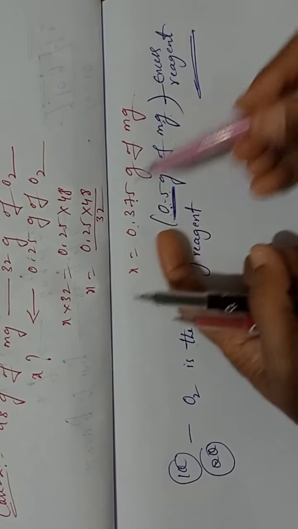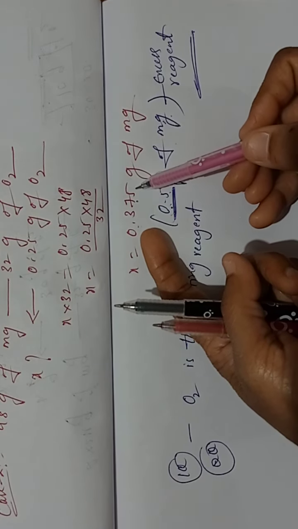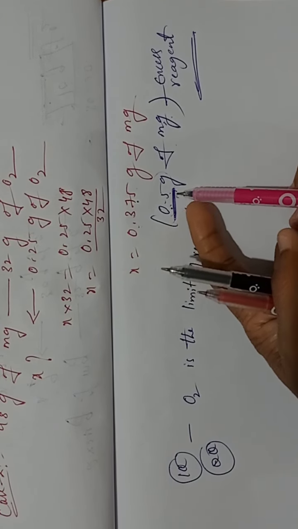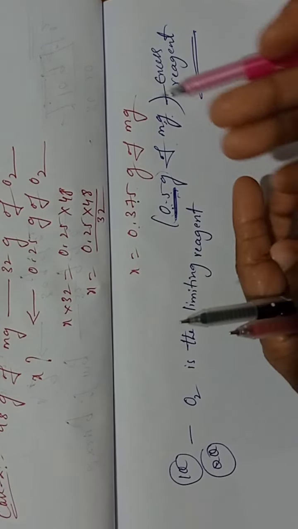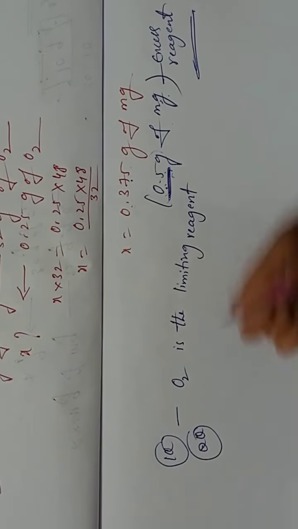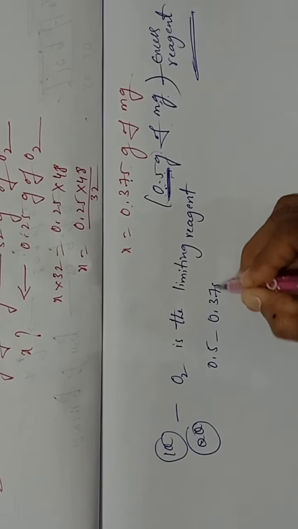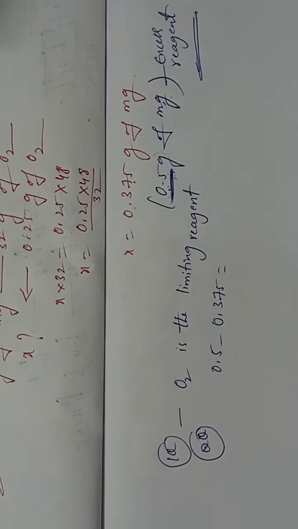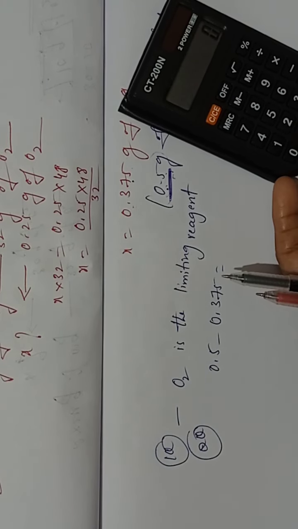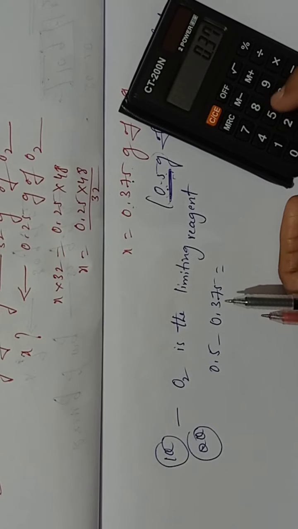0.5 grams we got. But actually how much did we calculate for magnesium? 0.375. This is the given value. So how much reactant is left in excess, students? How to find it? 0.5 minus 0.375. You have to calculate, then you will get the value. See here, 0.5 minus 0.375.